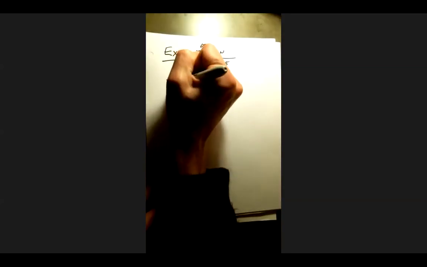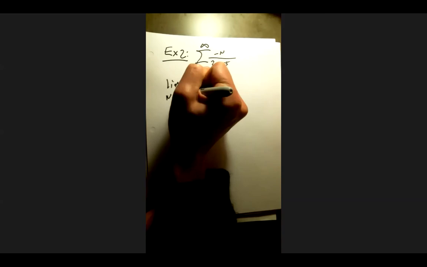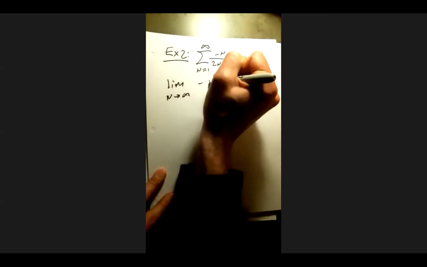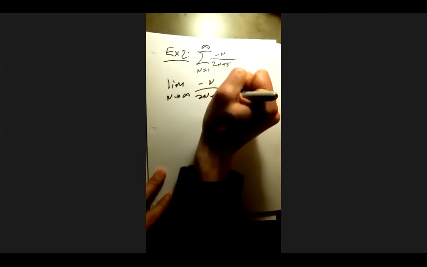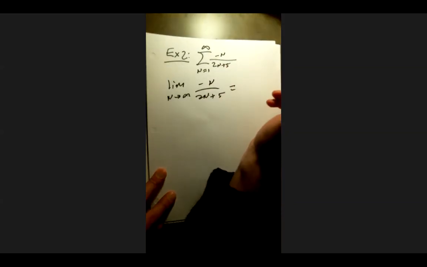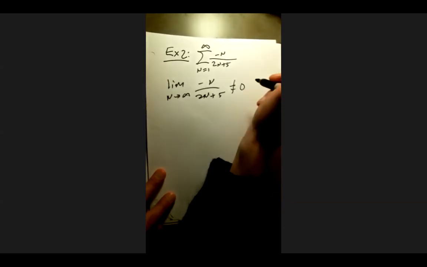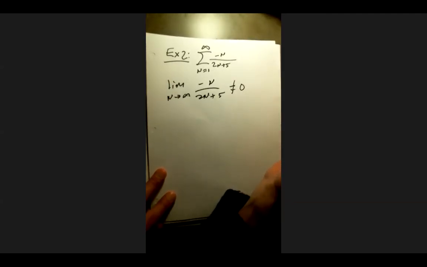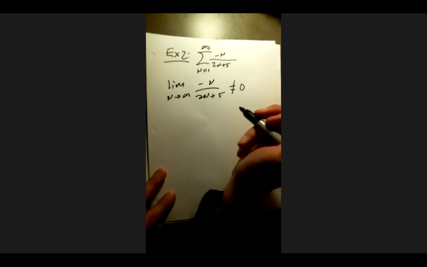And we can look at the limit as n goes to infinity of negative n over 2n plus 5. And what's that limit equal to? Or more importantly, what is this limit not equal to? 0. It is not 0. It's pretty close to a negative half, actually.